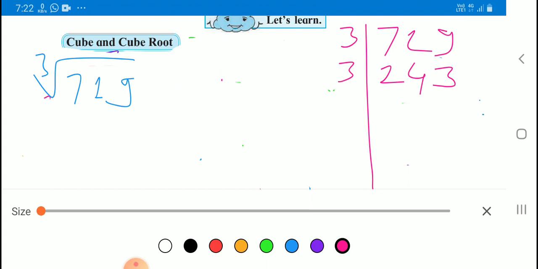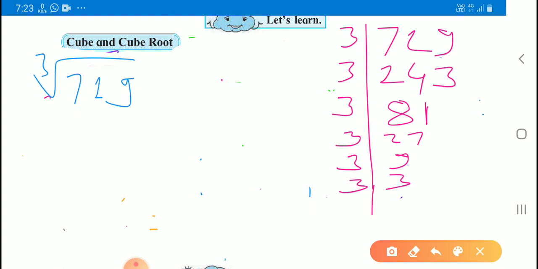Now look here, 3 8s are 24 and 3 1s are 3. Now again this number is divisible by 3. 27. Again this number is divisible by 3. 9. Again this number is divisible by 3. 3 3s and here will come 1.